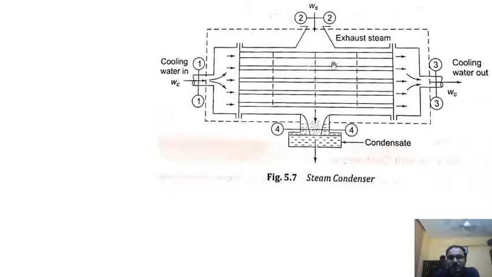It is not inside the tubes, it is inside the shell. So this steam is coming down, and because of this cooling water, this steam will get condensed, that is, the steam will get converted into water. So here we are collecting the water which is from the steam, and this cooling water will get heated through these pipes and cooling water will come out.